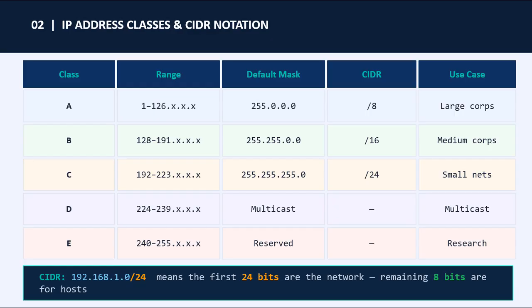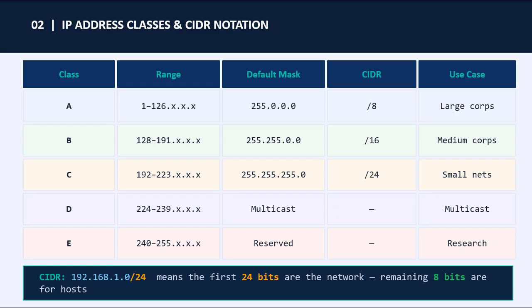Class B would cover 128 to 191 for medium-sized businesses, and Class C covers 192 to 223 for smaller networks. You will hear about Class D for multicast and Class E, which is reserved for research. For subnetting, we'll mostly work with Class A, B, and C.